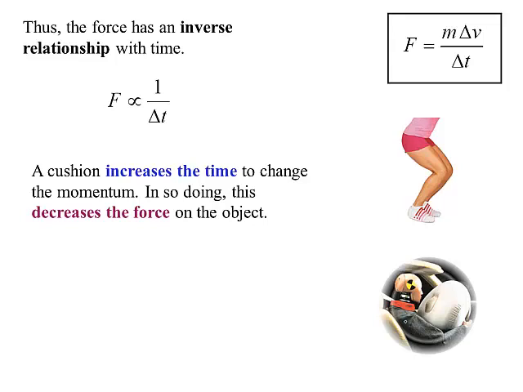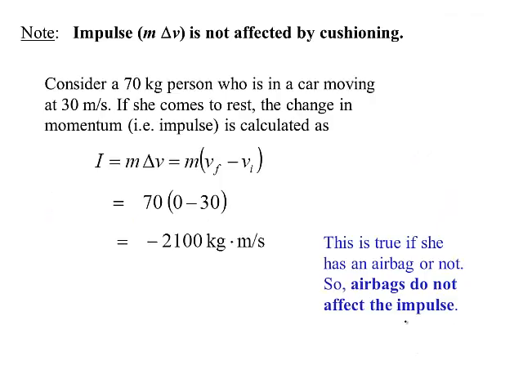A cushion increases the time to change the momentum. In doing so, this decreases the force on the object. Note, impulse is not affected by cushioning.